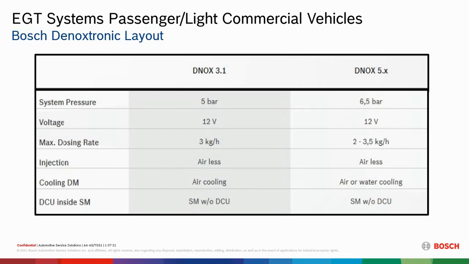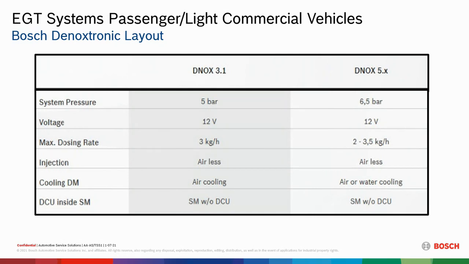It says airless systems. I don't know why we put that up there, but some of the medium heavy duty were air injected systems that they had in the Denox 2.1 system, which isn't used anymore. We used that at the beginning of the Denox project. They were used on limited vehicles, but it was a stepping stone to where we are at Denox 2.2 medium heavy duty.